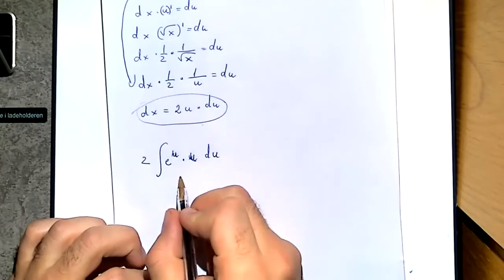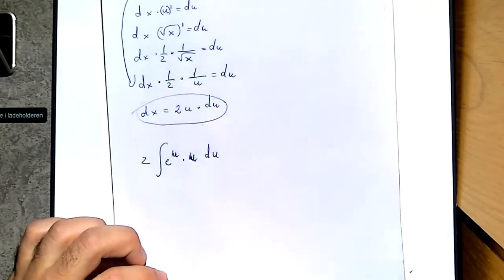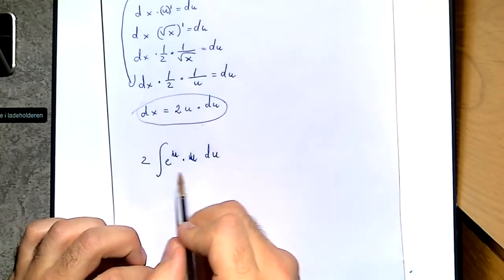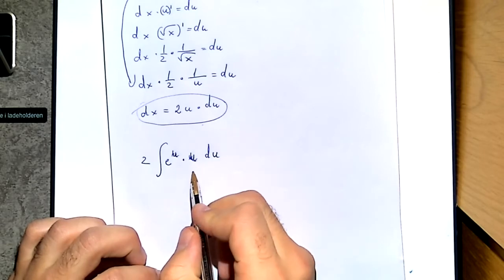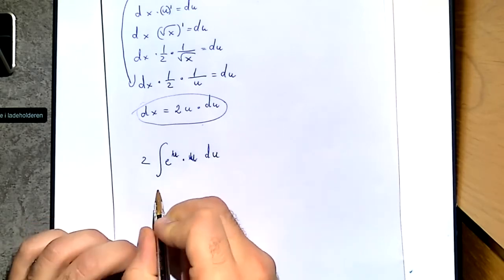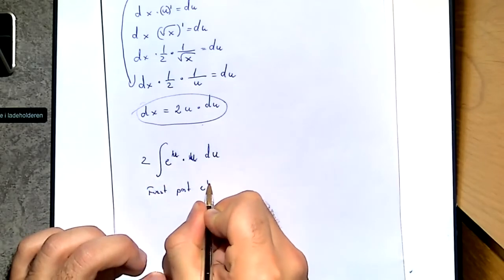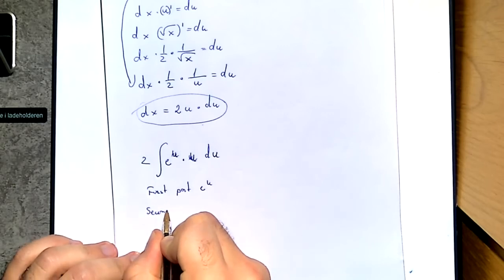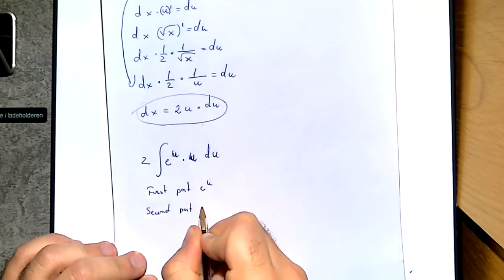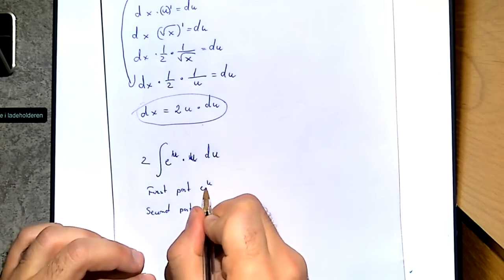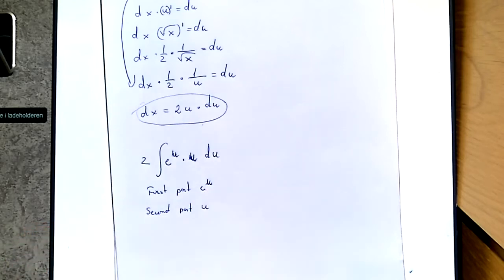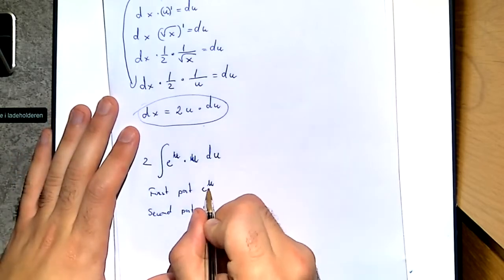When I have to deal with an exponential multiplied by a polynomial, standard procedure: first part was e to the power of u, second part was u. And I told you, and I still think it's the best rule outside of the homework, which Niels asked me about, but I just didn't think of it. I'll do a video explaining what I mean, so don't worry.